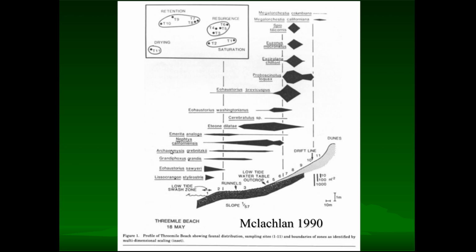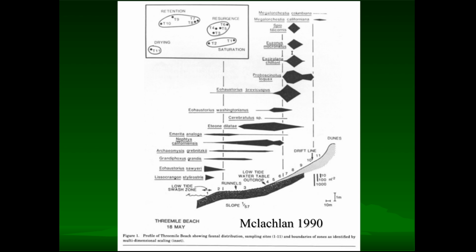We see that these benthic species here occupy characteristic locations on the beach. These are the saturation zone here in sand that is always saturated with water, the resurgence zone in here, that's sand that is very wet but not quite saturated.